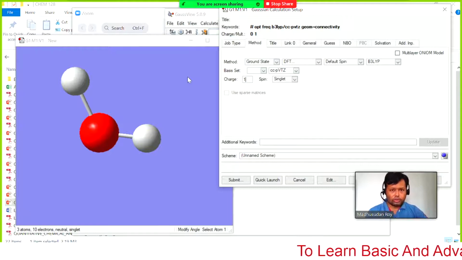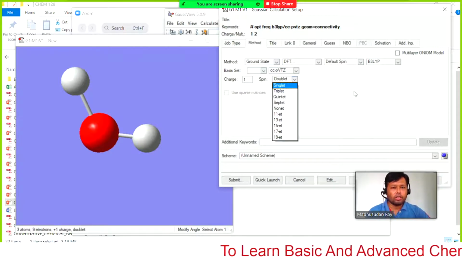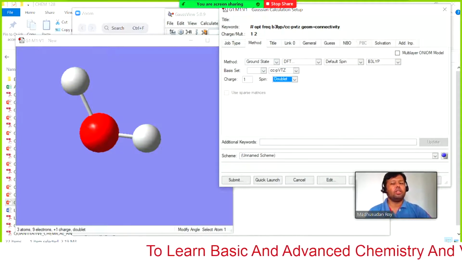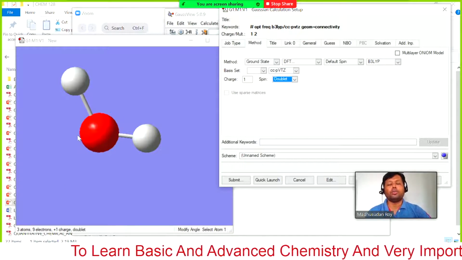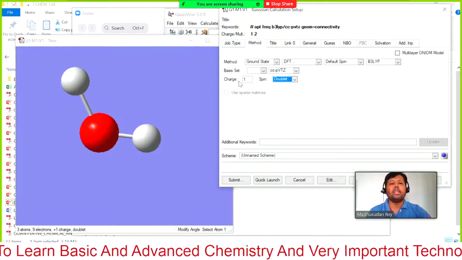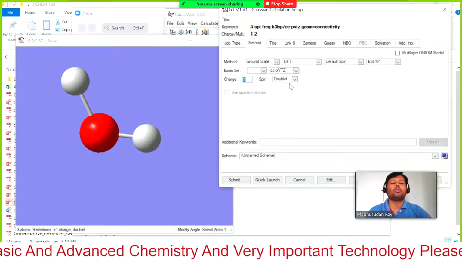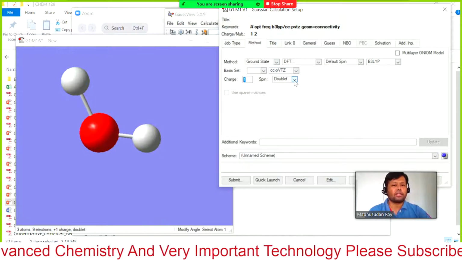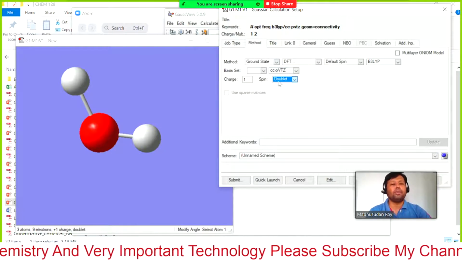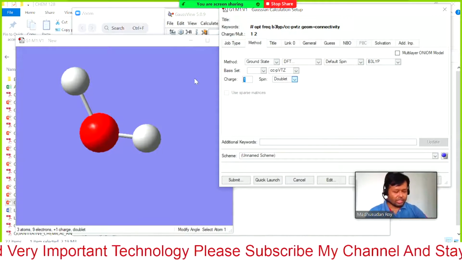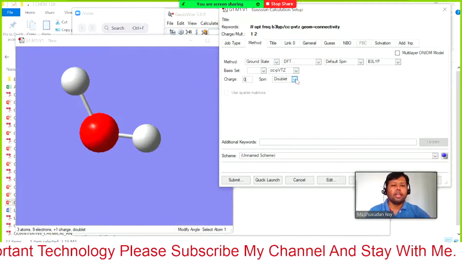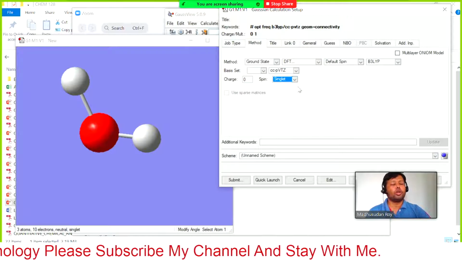If you put charge 1, it will automatically choose doublet. Depending on how many electrons it has, if you select the charge, it will automatically change the electron spin. So let us put the charge 0, and it is showing singlet.